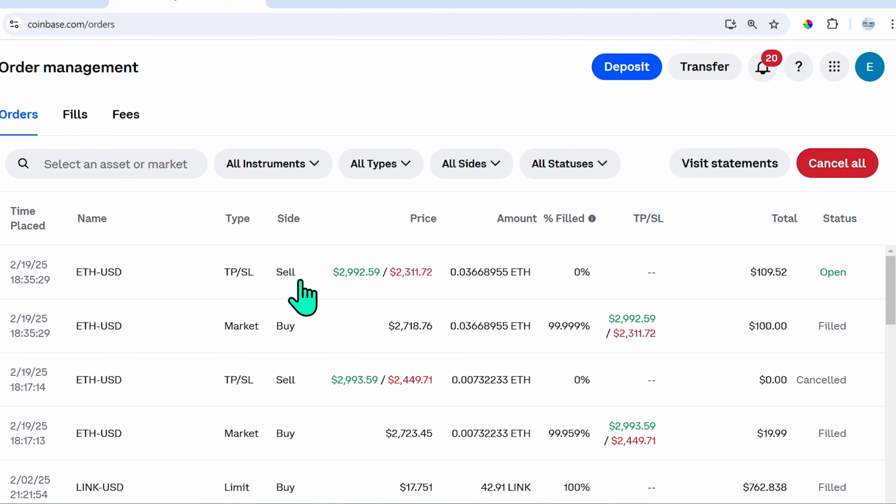And now over here, we have an open order. You see how it says filled, canceled, filled. Filled means it executed the order. Open means that the order is open.